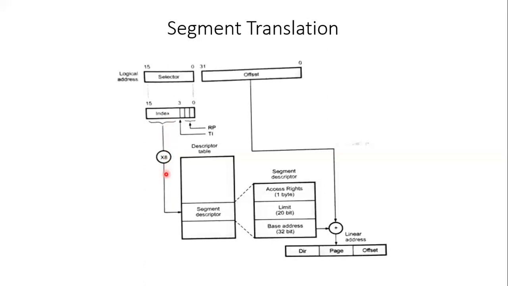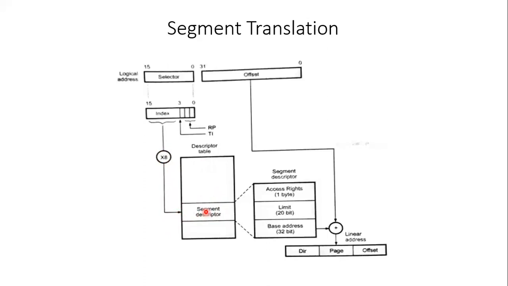Because it needs to point to the desired descriptor in the descriptor table, and that pointer will show where it needs to point. It can be a segment descriptor, a global descriptor, a local descriptor, or an interrupt descriptor. So when you multiply the index by 8, you get a pointer that points to the desired descriptor, which in this case is the segment descriptor.